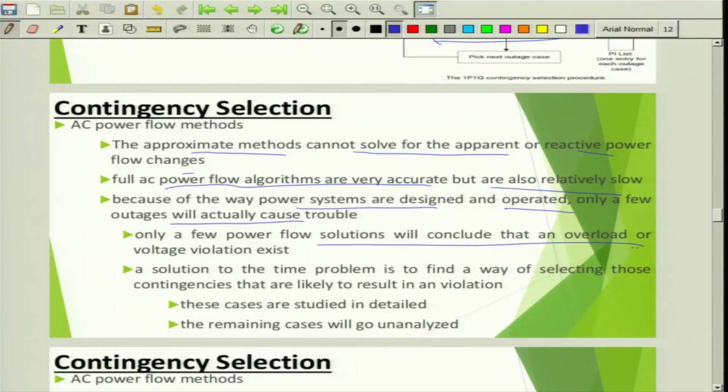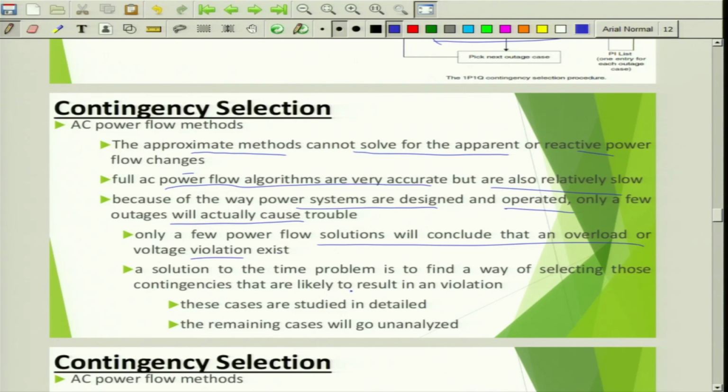You should design it so optimally that hardly one or two outages should be considered very critical, not that every single line disconnection will collapse the whole power system. It does not happen like that. So eventually we are identifying those critical outages. Only a few power flow solutions will conclude that an overload or voltage violation exists.